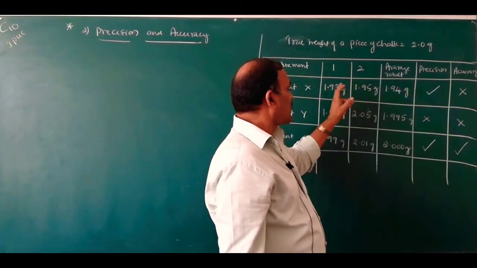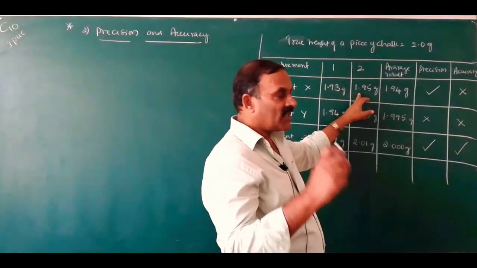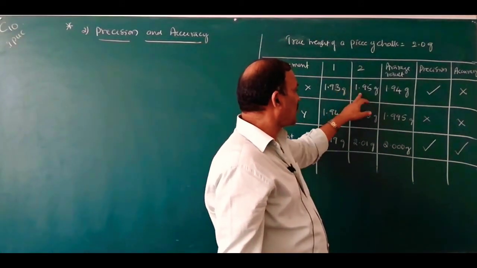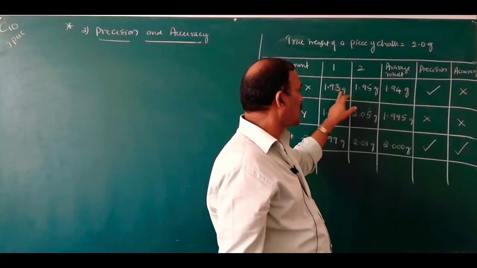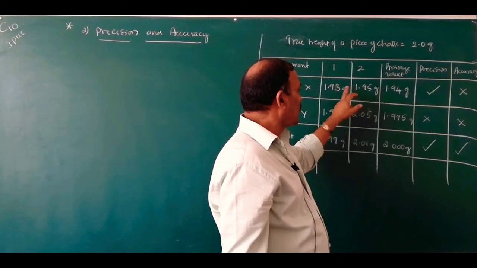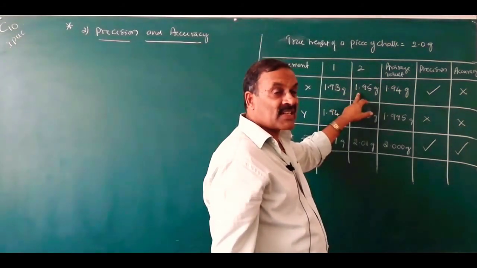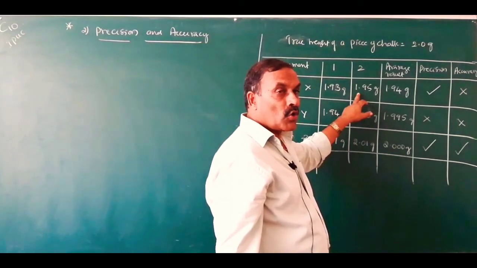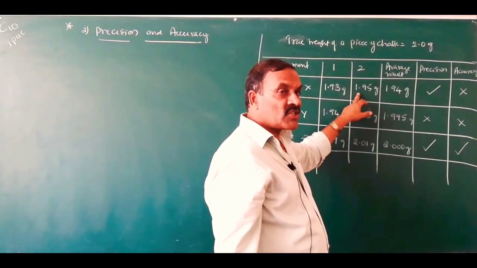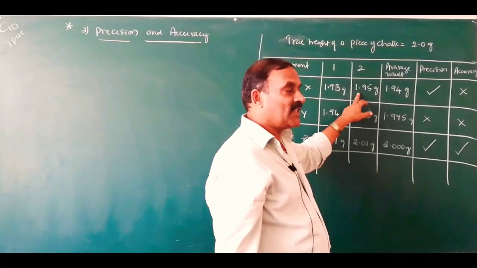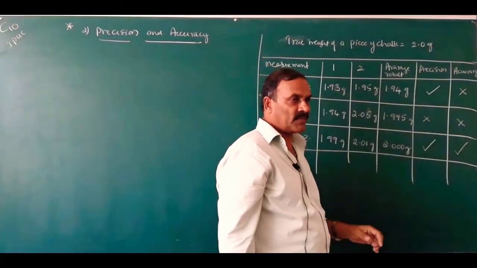These are different weights of the same material which are close to each other. Therefore, these results are called precise. That means closeness of the various measurements of the same quantity is called precision.